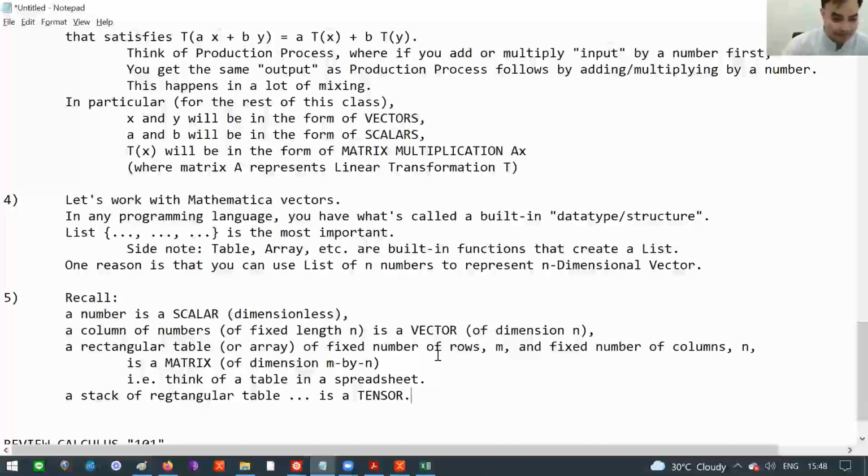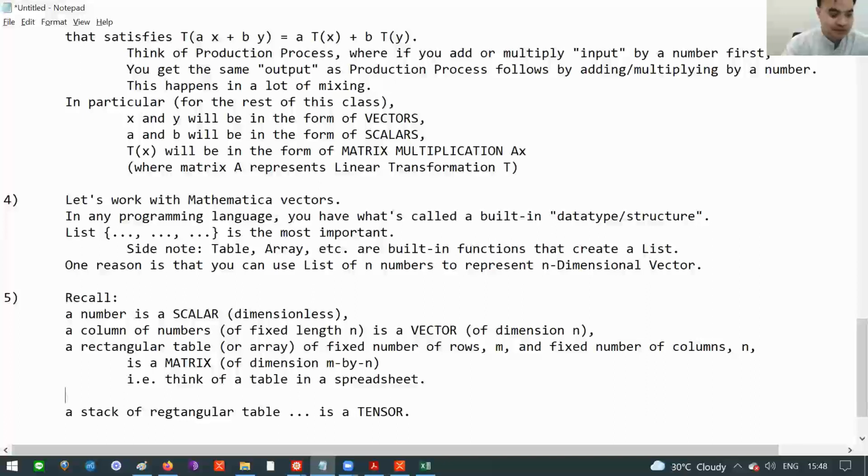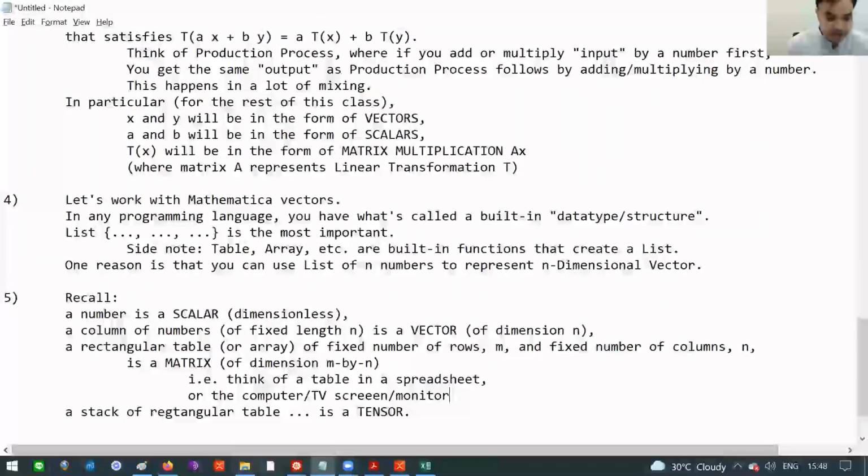Now, think of the computer screen, TV screen, right? What's the normal? What's my resolution?